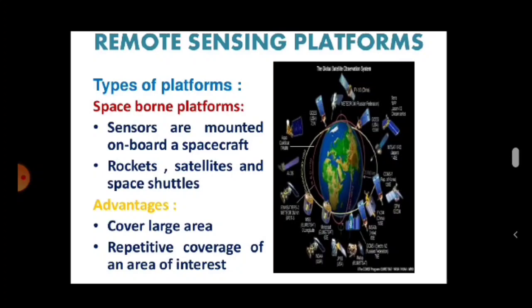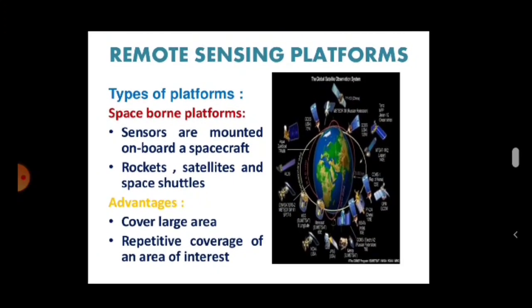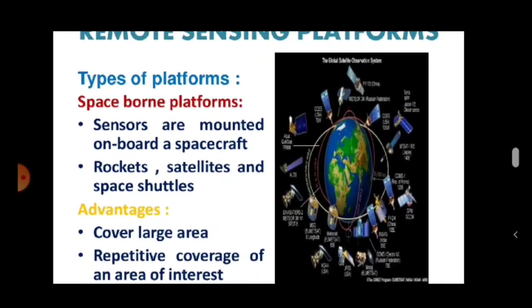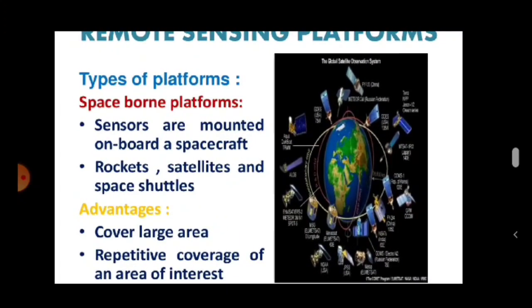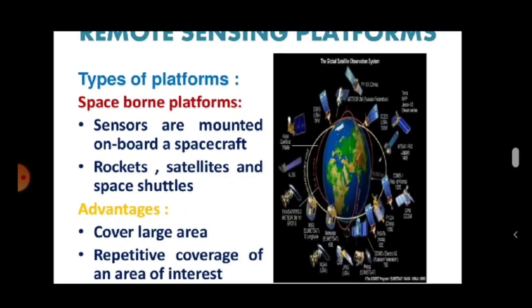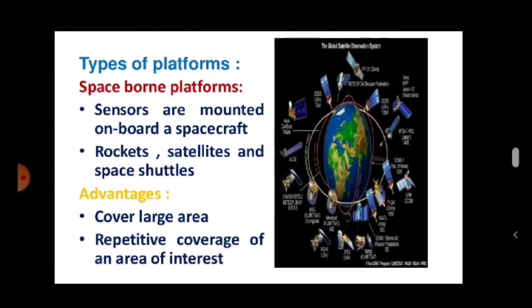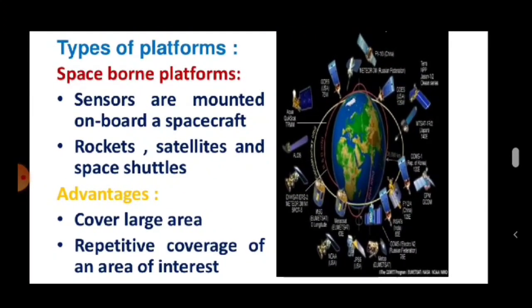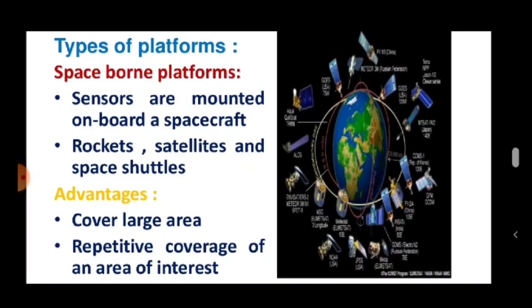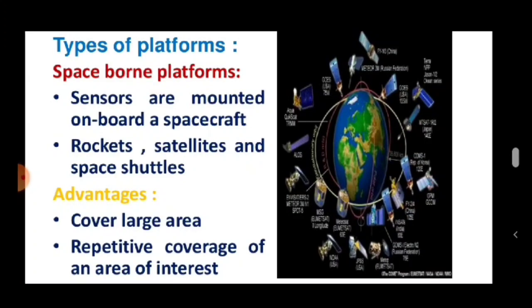Airborne platforms: aircraft are generally used for aerial photographs and photo interpretation, and these platforms are primarily stable-wing aircraft. Occasionally helicopters can be used. Then spaceborne platforms: the key thing is that they are not affected by the Earth's atmosphere, and these platforms move freely in orbits around the Earth. The entire Earth or part of the Earth can be covered.